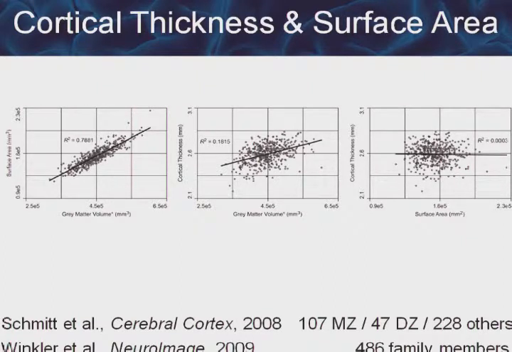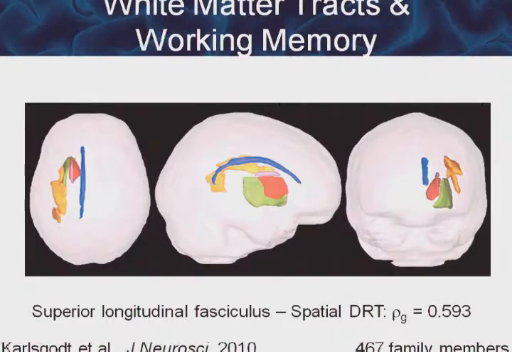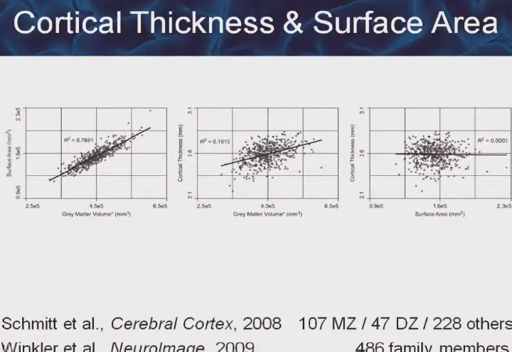These are actually looking at the genetic correlations of these groups. Or actually, these are the phenotypic, but the genetic follow the same thing, indicating that we didn't find a genetic correlation between surface area and cortical thickness.